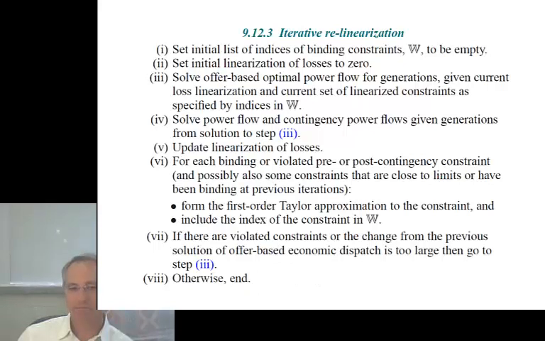Otherwise, we end. And that approach can be used to, in principle, solve for an AC, offer-based power flow. Again, we need to caveat that by observing that since the AC power flow is a non-linear, non-convex problem, successive linearization type approaches may fail badly in the case of a sufficiently poorly behaved non-convex problem.